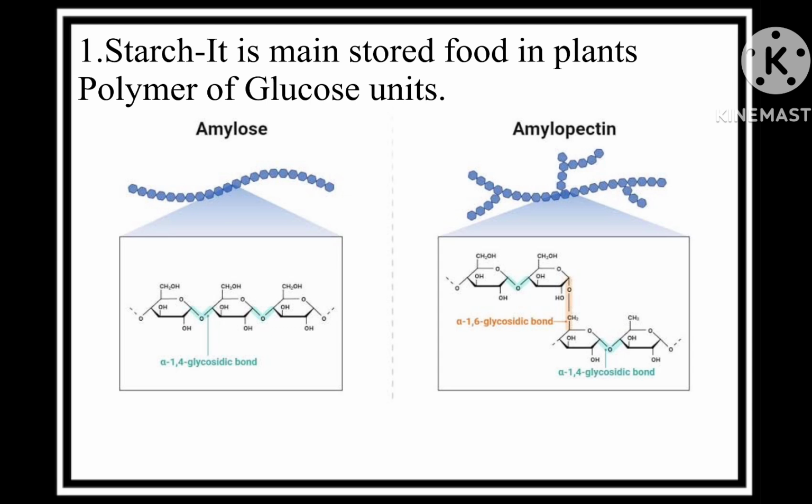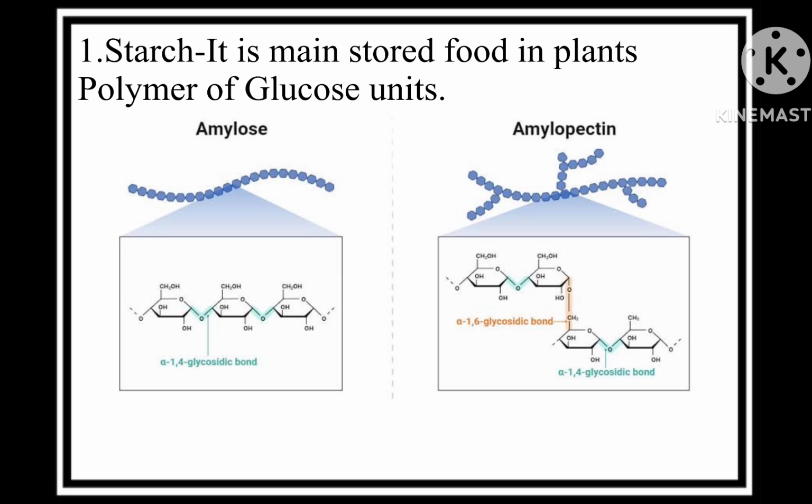Now see, amylose consists of 20% of starch, while amylopectin is a branched structure, so it consists of 80% of the starch. So amylose is unbranched and helical in structure, while amylopectin is branched in structure. Now on the basis of solubility, amylose is soluble in hot water.